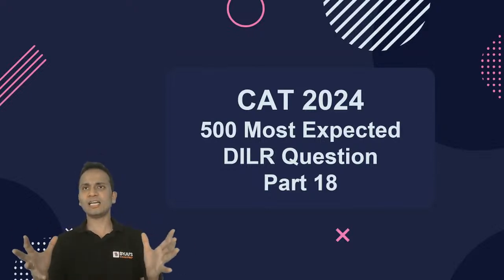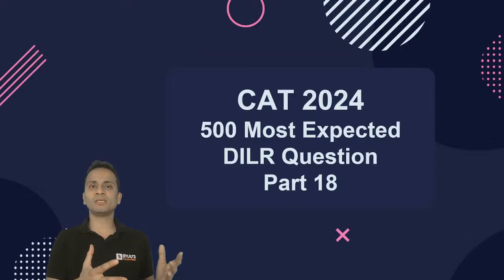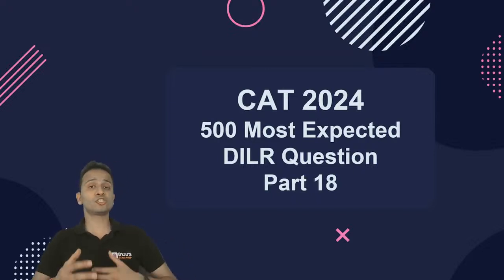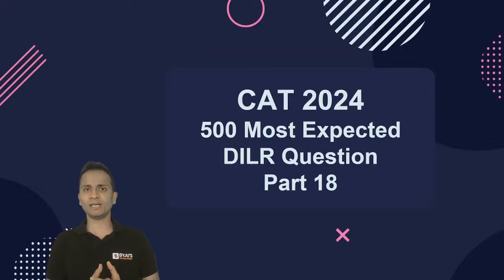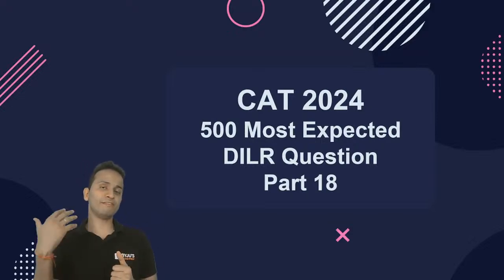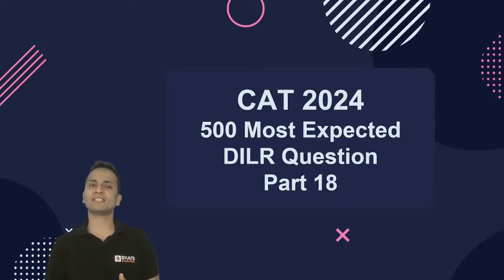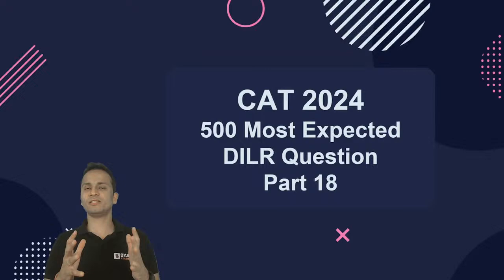A scattered chart is not a common way of giving you the data. You will be given a chart with an x-axis and a y-axis, and the values will be scattered across this chart.